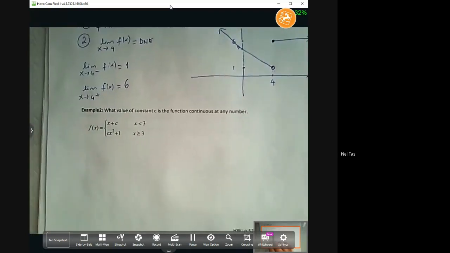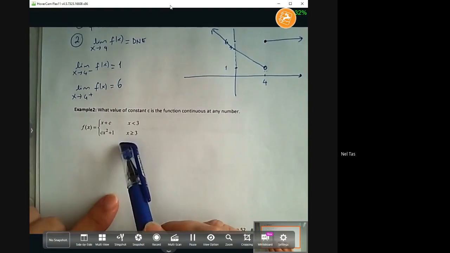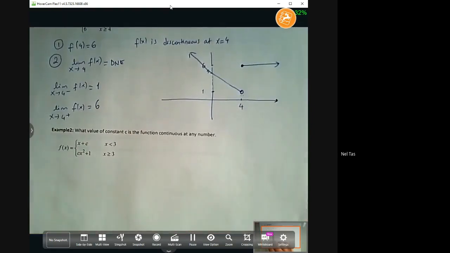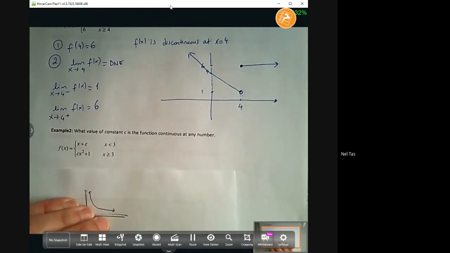Next example. What value of the constant c makes the function continuous at any number? If they are continuous, this is a piecewise function as you see. If those pieces are somewhat connected, then the function is continuous.